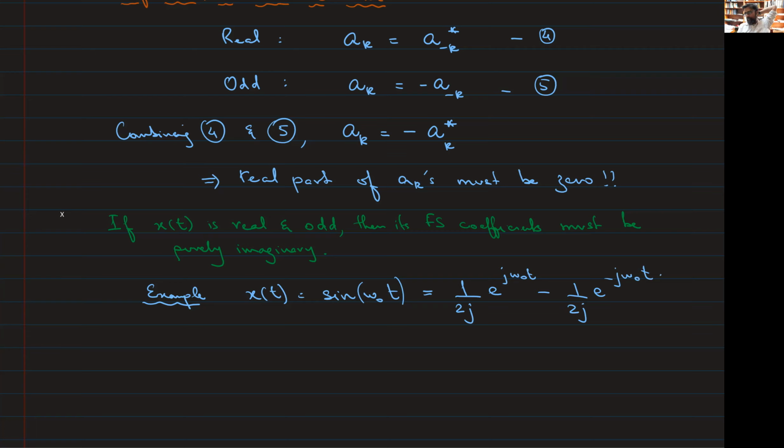From here we conclude that a_{+1} is equal to 1/2j and a_{-1} is minus 1/2j. Clearly x of t is real and odd, and the Fourier series coefficients are purely imaginary.